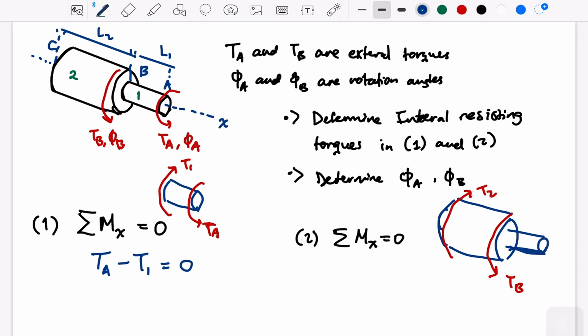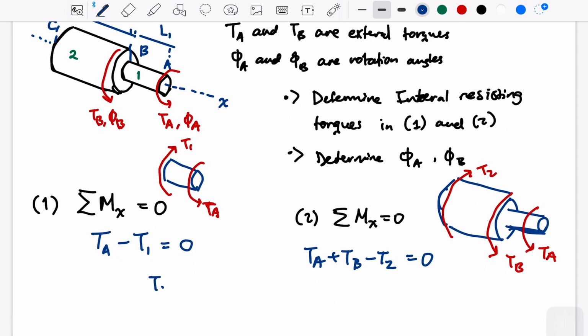TA also acts on material 2, don't forget that. So this will be TA. Now we have TA plus TB minus T2 equal to 0, okay? So T1 is equal to TA, and T2 is equal to TA plus TB, okay?